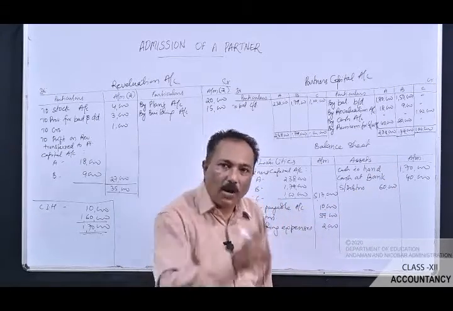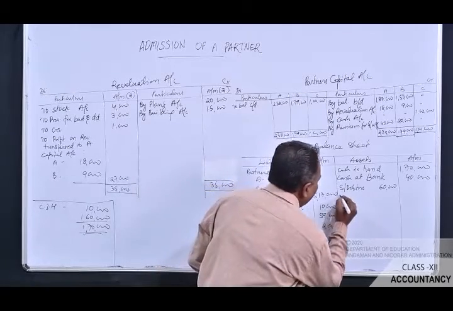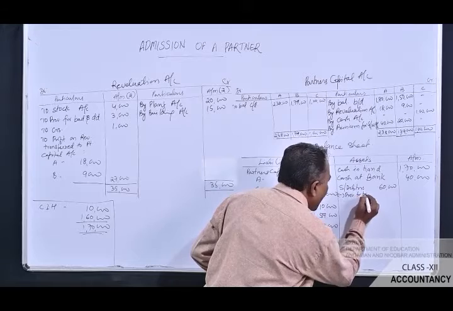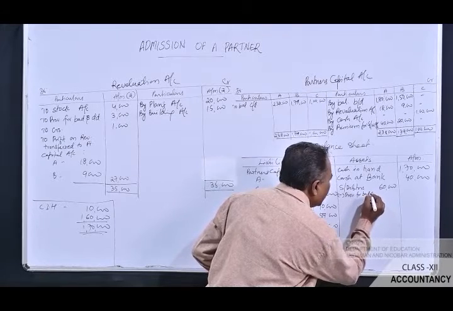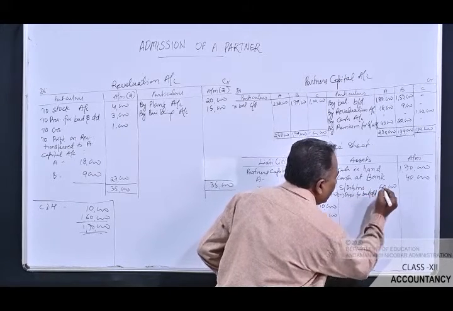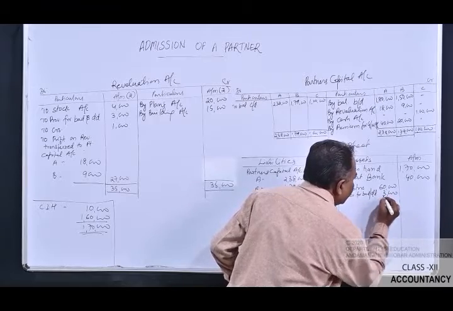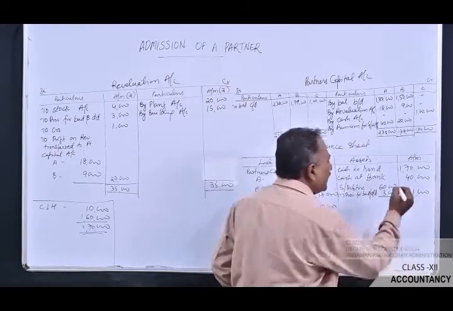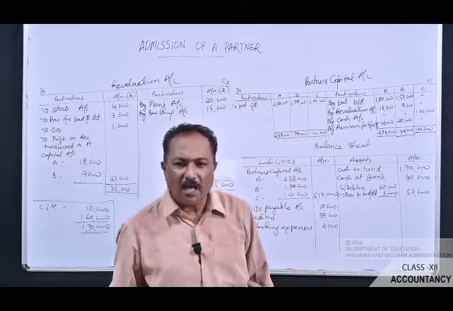This amount now has to be subtracted by way of provision for bad and doubtful debt, and that was rupees 3,000. If you subtract, what is the balance left? It is rupees 57,000 that has to be recorded in the outer column.